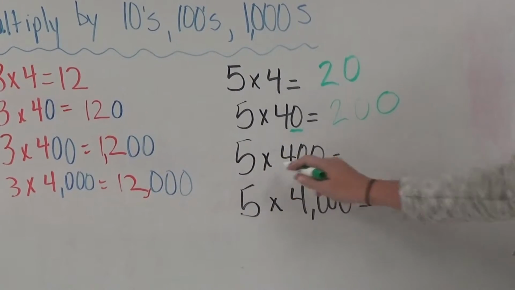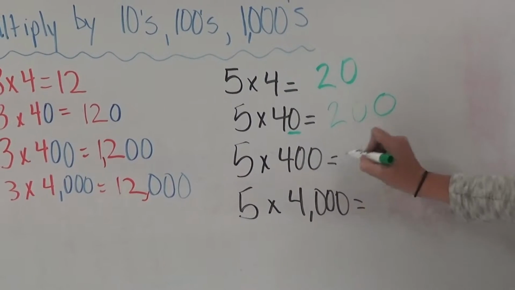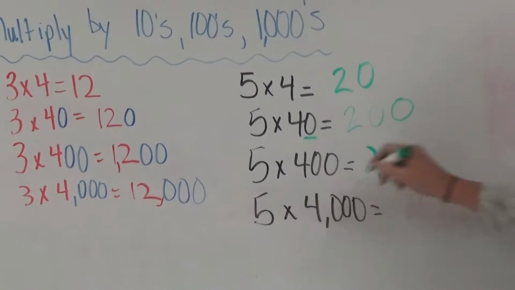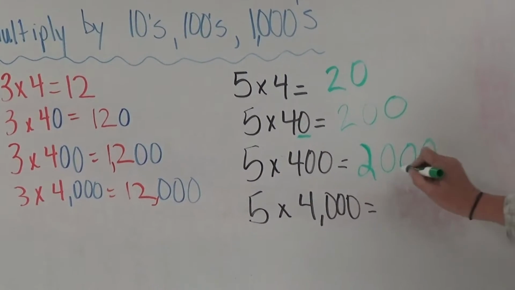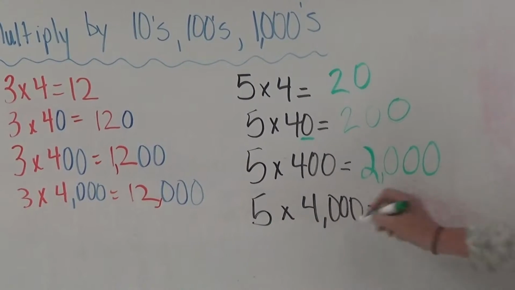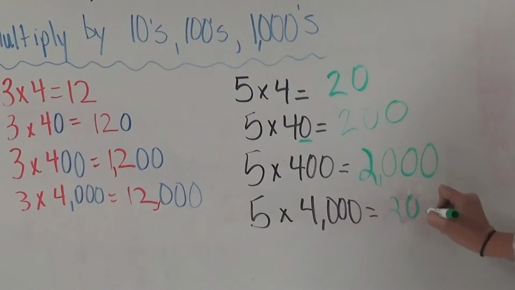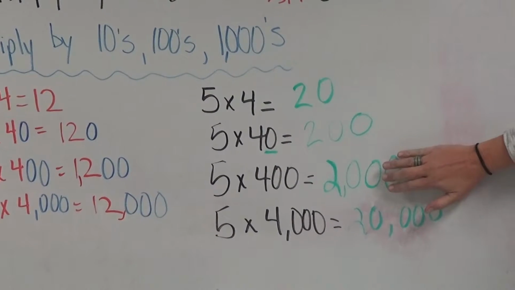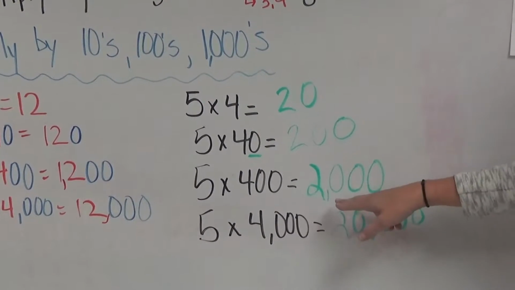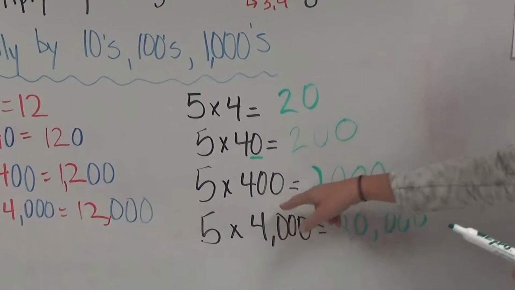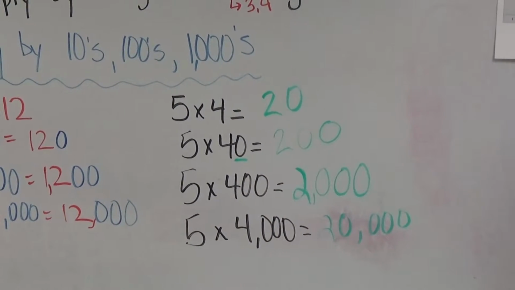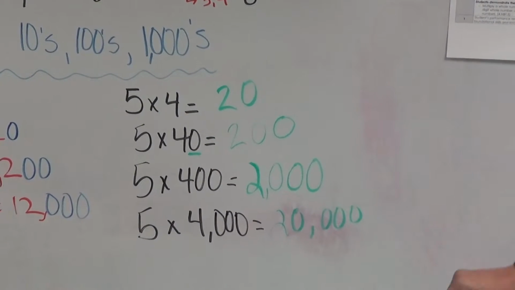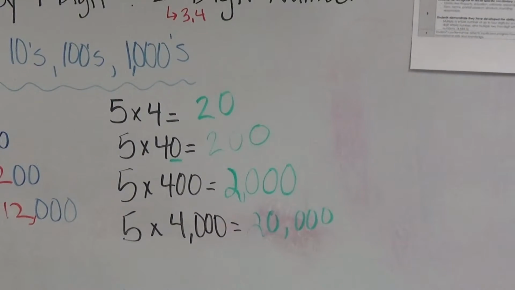And then 4 times 400 is going to be, we do our 20, our easy fact, and then we'll add our 2 more zeros. 4 times 4,000 is 20,000. Oftentimes the kids will drop a 0 because of the 20. They'll think, oh, I already have 1 0, but they really need to add 2 more. So the zeros can be a little bit trickier for the kids when they're solving that. But if they know those easy facts, it's going to help them when we move on to our multiplication.